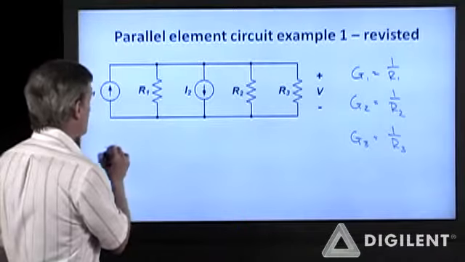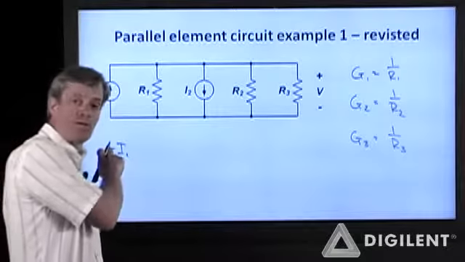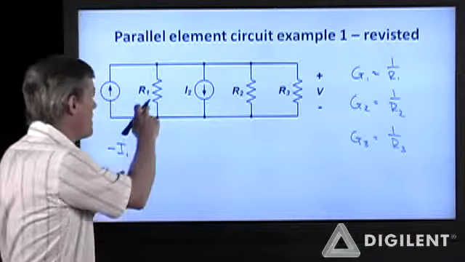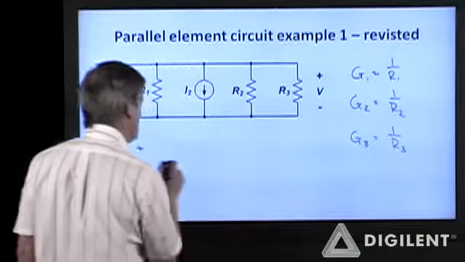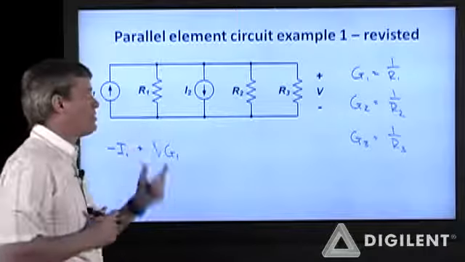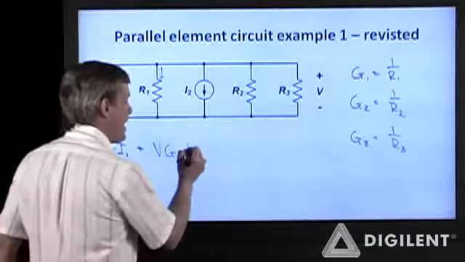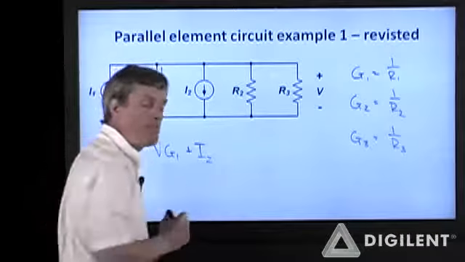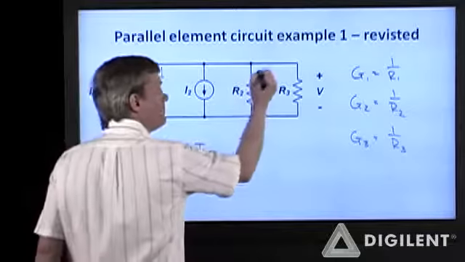So I have I1 going into the upper node. I'm going to assume that currents into the node are negative. Plus, I now have V times G1, which gives me the current going through resistor R1. I2 is coming out of the upper node. That is a positive contribution in my version of KCL.